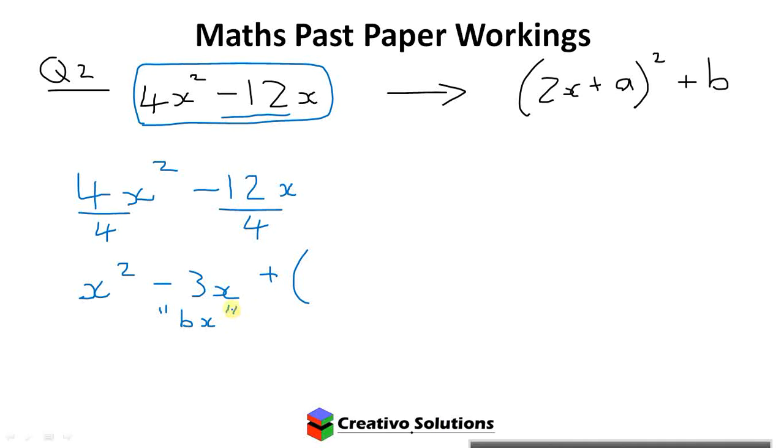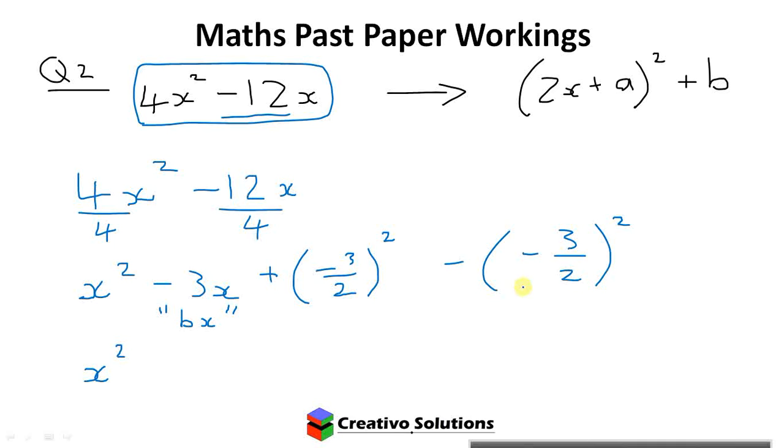Okay, so this will be minus 3 over 2 squared, because that's adding half the coefficient of b. Right, so what do we get here? We would get x squared, and then we also need to add that to the other side. So then you'd have a negative brackets minus 3 over 2 squared.